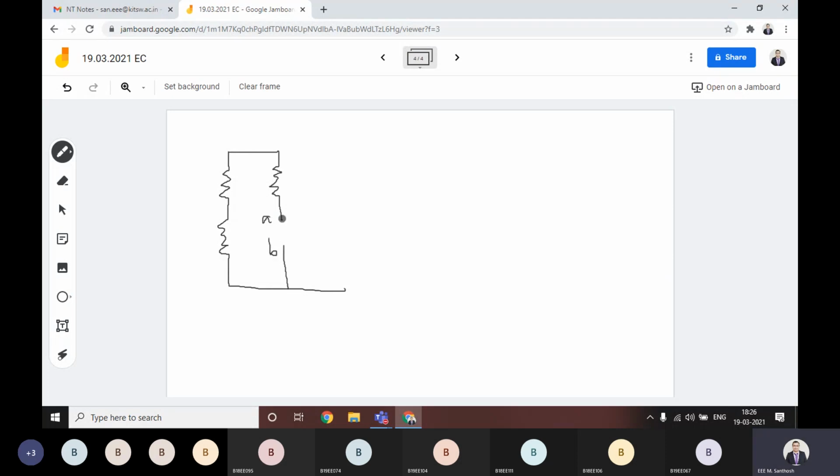This point is A and this is B. This is R ohm and this one is also R ohm.